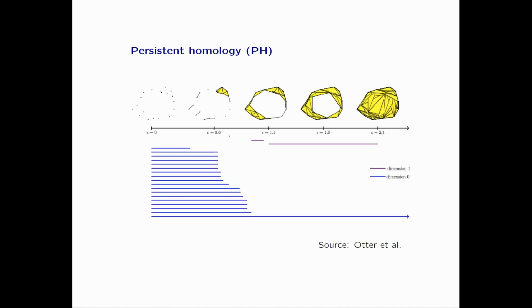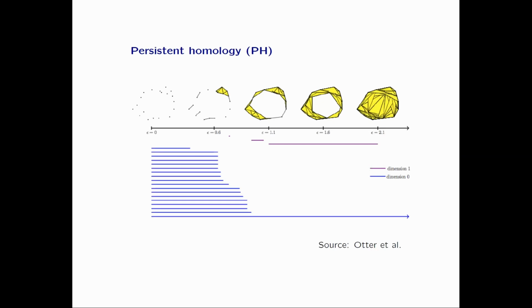So it's a little bit difficult to see. There's a blue and a sort of a purple set of lines. The blue lines track the H0 of the homology. So when you have the point cloud, you have lots and lots of points. You start with lots of blue lines, and of course, once you are at the end here, you just have one component. So that's how we see the H0.